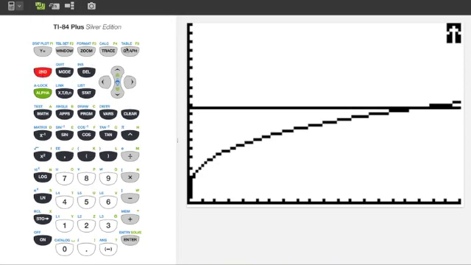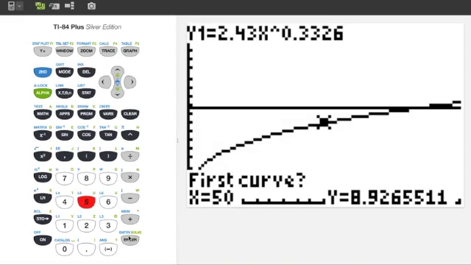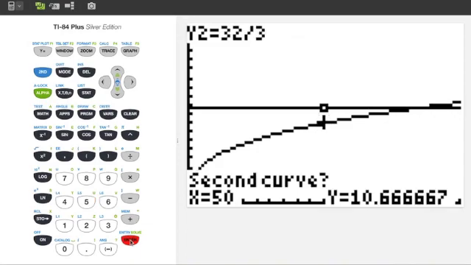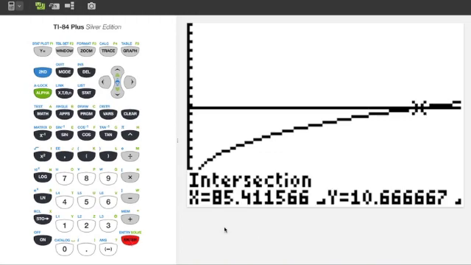So we're going to do second, the trace button, which is the calc. We want the intersection, number 5. There's where it is on the first curve, and x is 50. There it is, second curve, and x is 50. So I'm going to guess, say 65. Enter that. There it is, 85.411566.